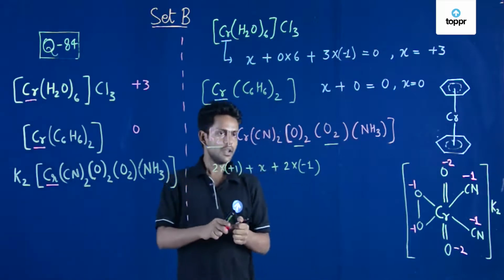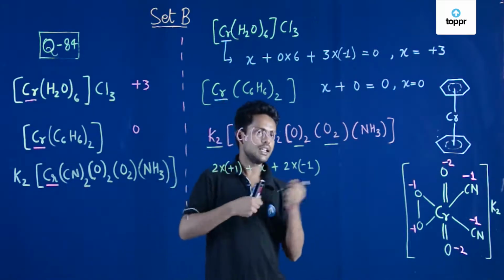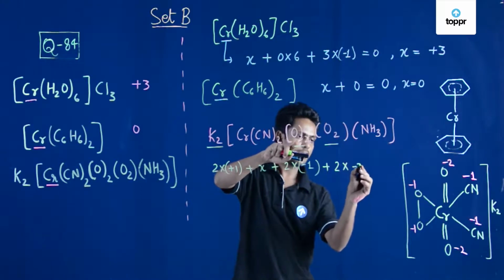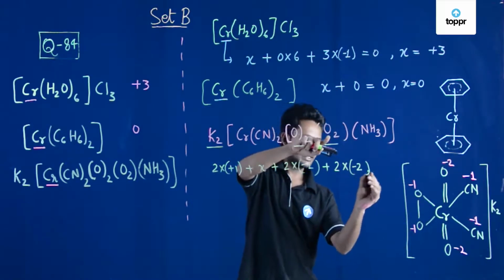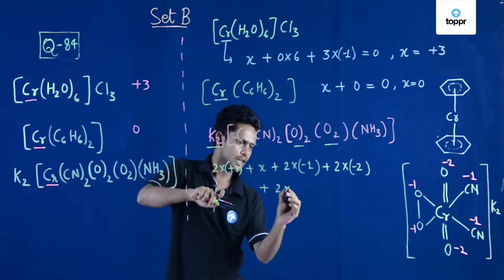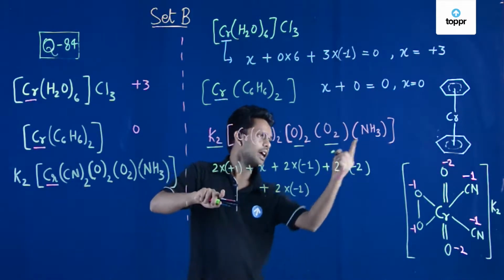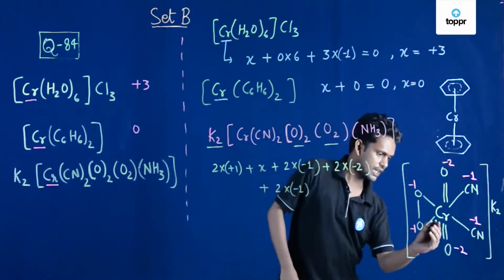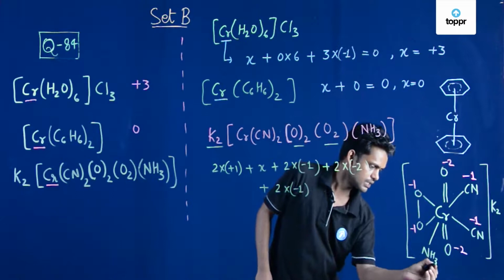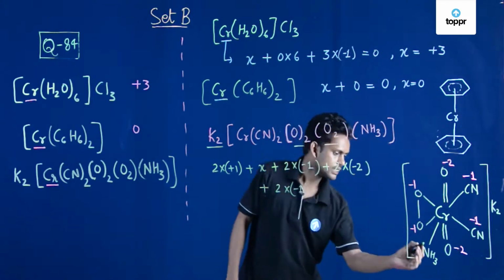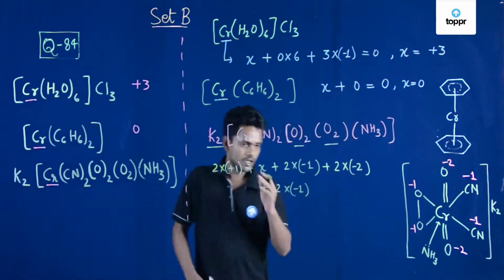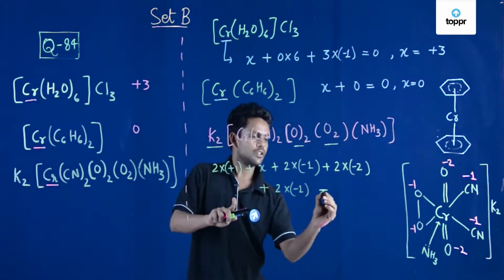We have written for cyanide, and then for this we will have 2 into -2, and then for this we will have 2 into -1, and for ammonia it is 0, so there is ammonia as well and you need to draw the ammonia. So we have one NH3 here which is nothing but 0, because it is simply the lone pair donation. This we need to equate to 0.